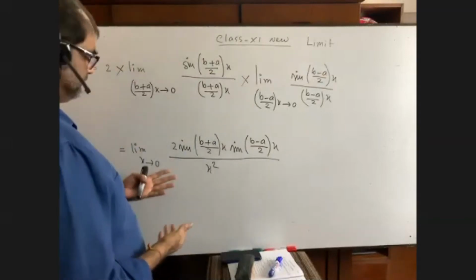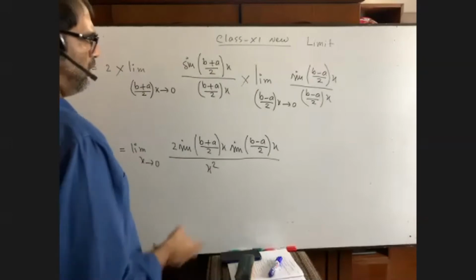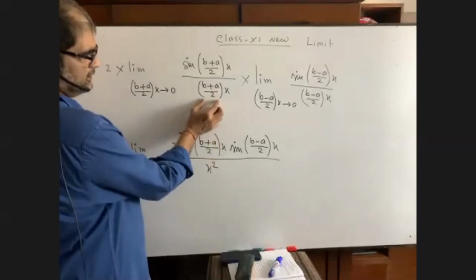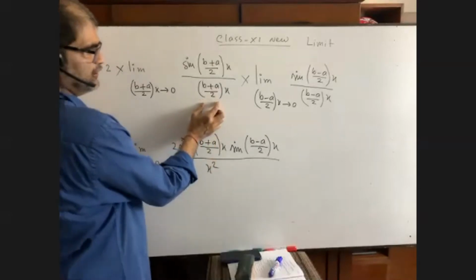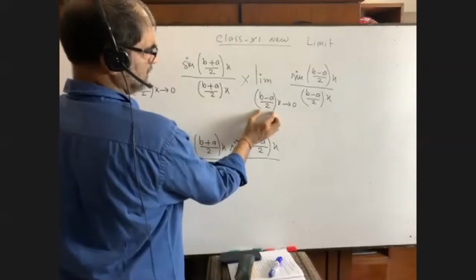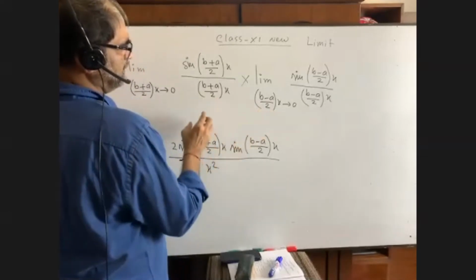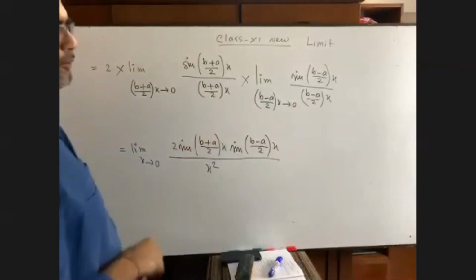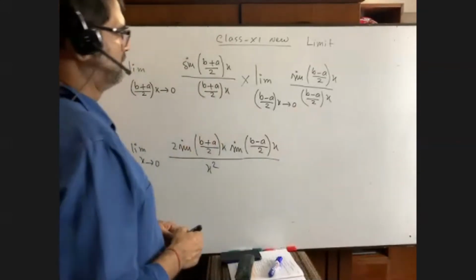I mean, what else we have taken here? You see, in the denominator, we don't have this part. In the denominator, we also don't have this part. So actually, this is to be vanished. How can it be vanished?